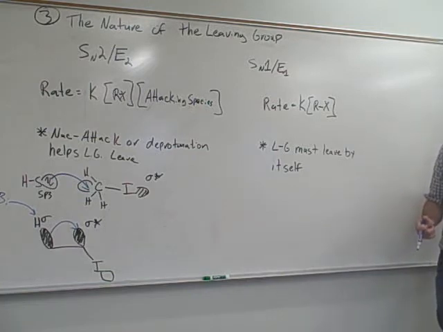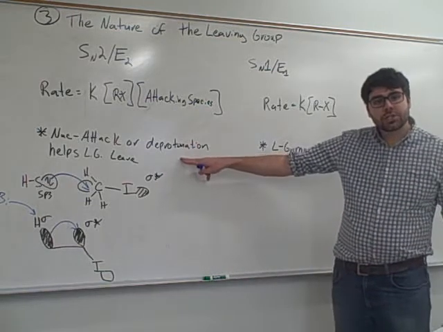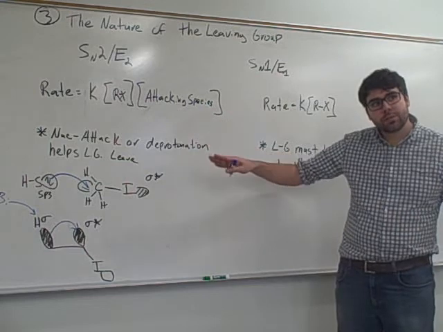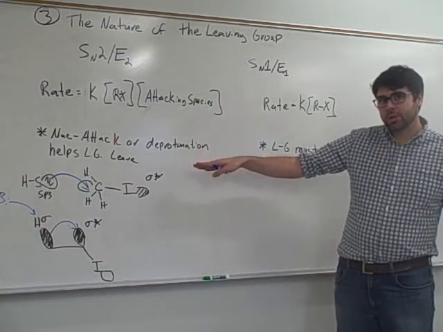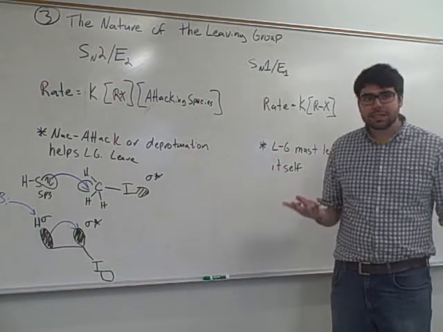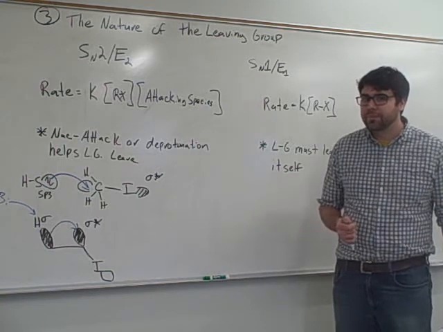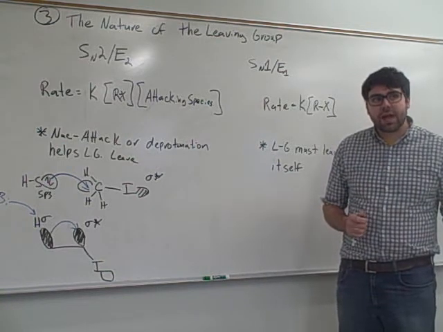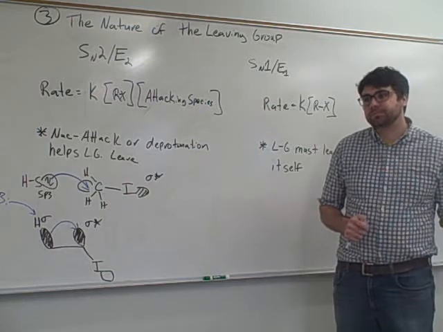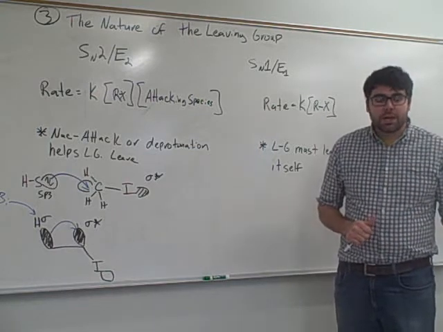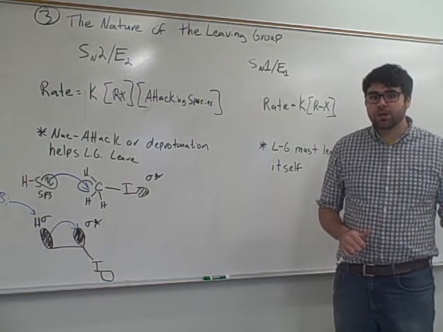If we want to favor an SN2-E2 reaction, your book will actually tell you that you can use a poorer leaving group to favor this. In practice, this is something chemists don't really do a whole lot. There are better ways to favor SN2-E2 versus SN1-E1, specifically through strength of nucleophile.